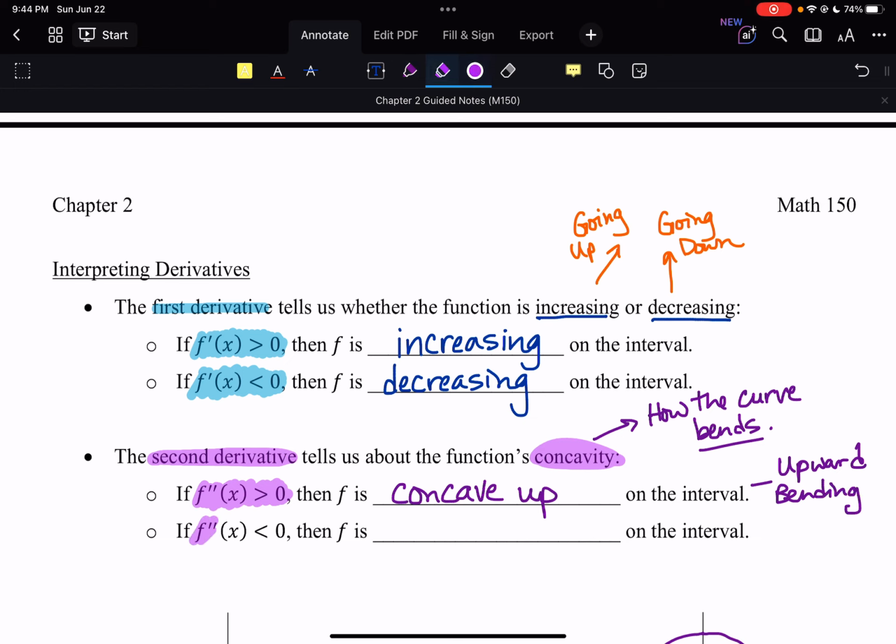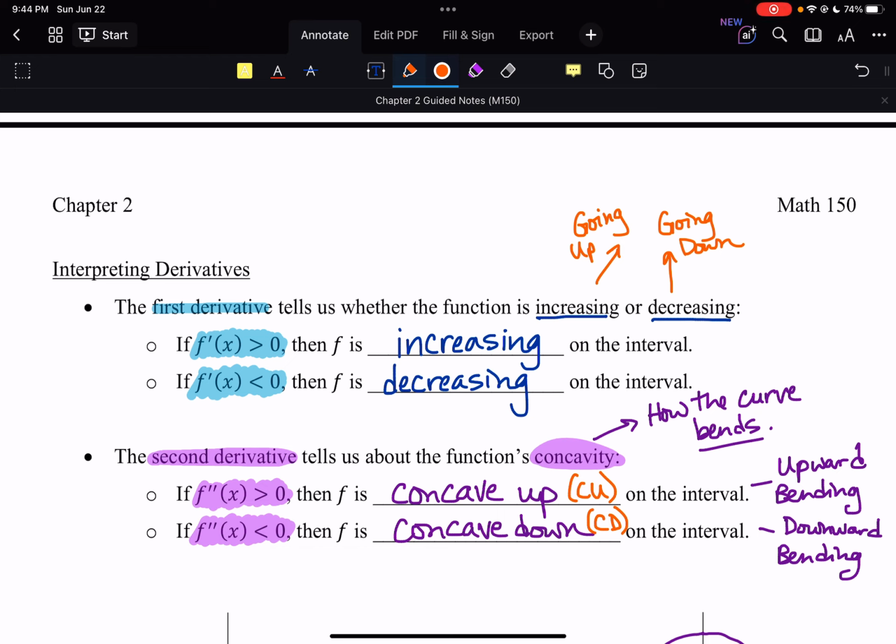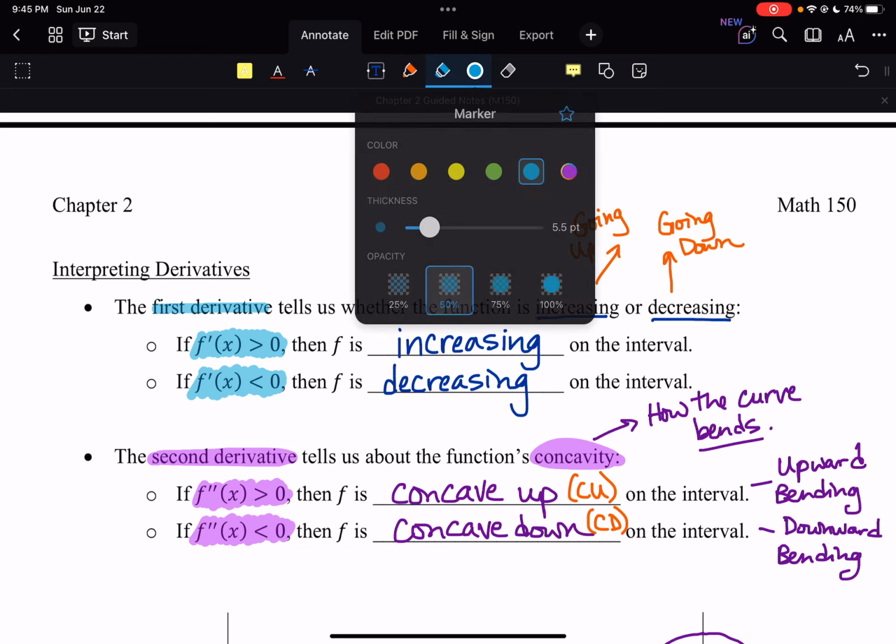And if f double prime, that second derivative, is less than 0, then the graph is concave down on the interval. And that, again, is downward bending. Oftentimes, you'll see these abbreviated as CU and CD. So concave up, concave down.